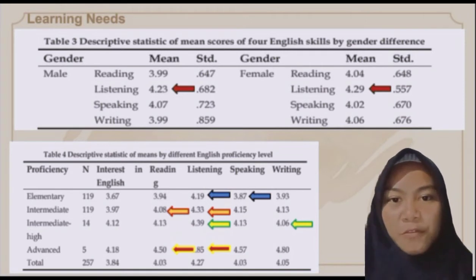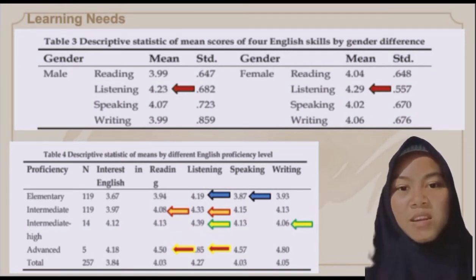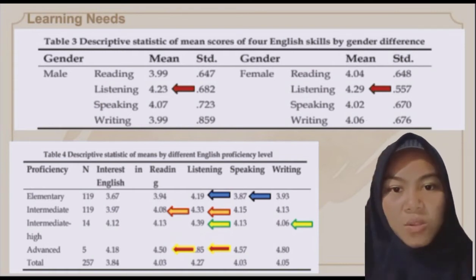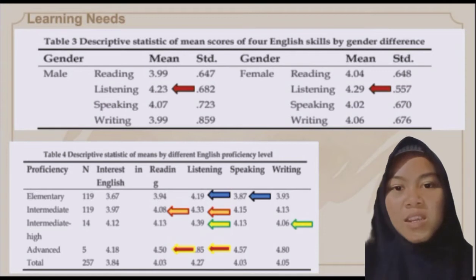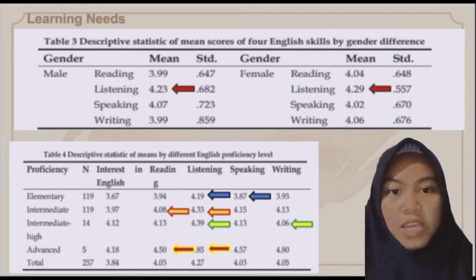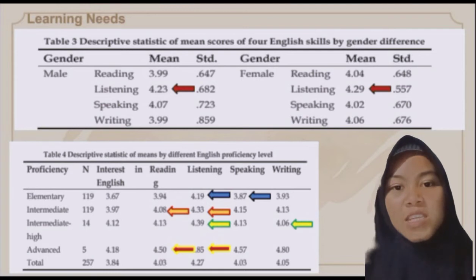And then the second is intermediate. At the intermediate level, the higher score is also in the listening skill, and the lower score is in reading. The score of listening in intermediate is 4.33, and reading is 4.08.